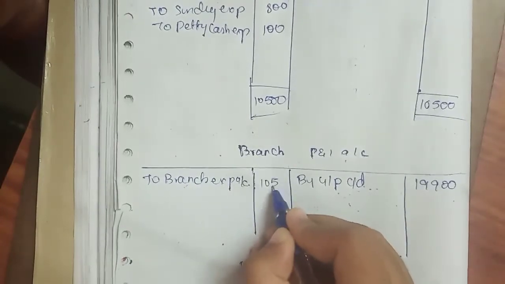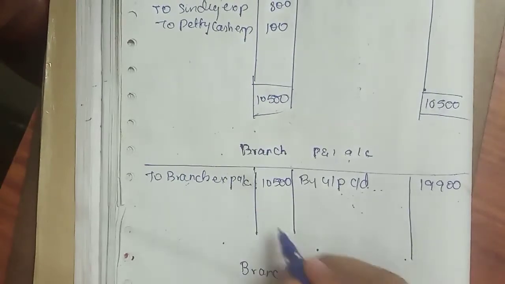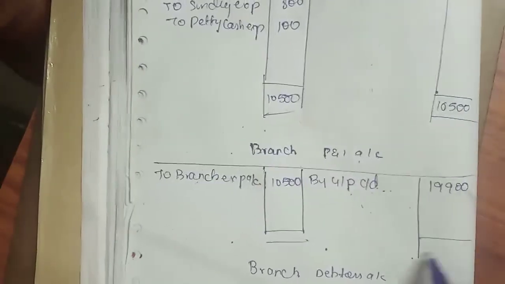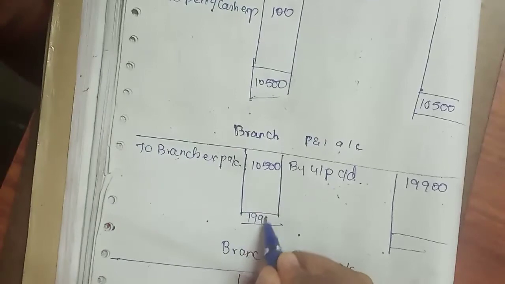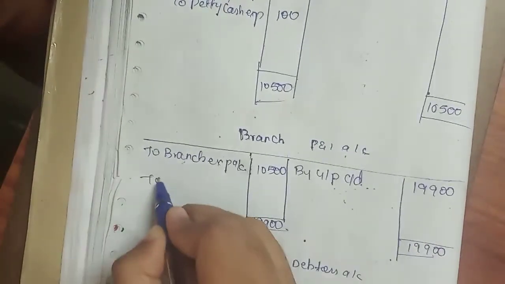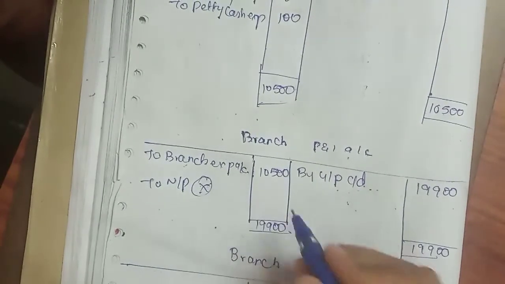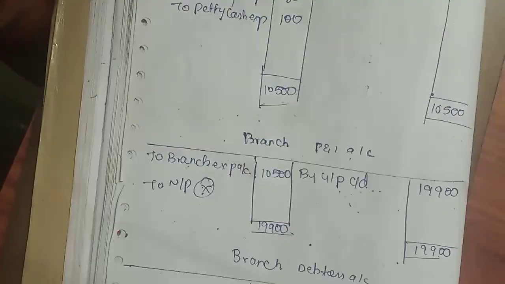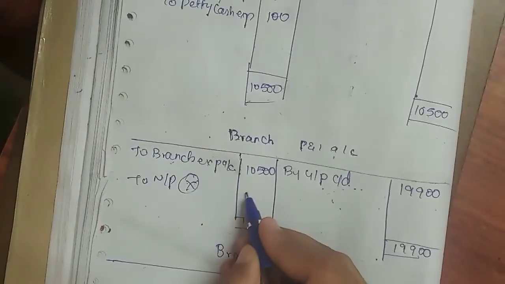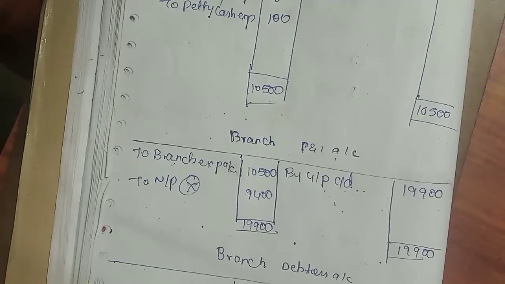Write 10,500, and the remaining, take the total 19,900. It is the total. So to net profit, you're writing it. So the net profit is 9,400.